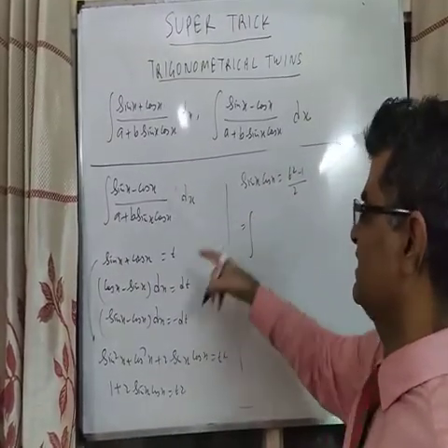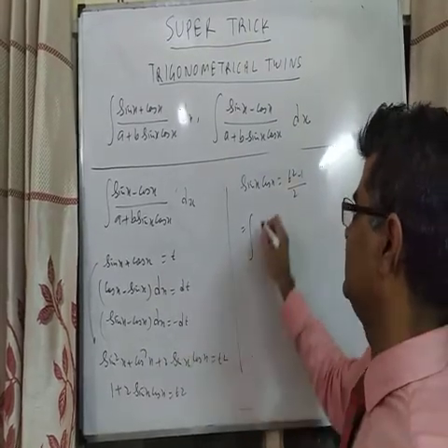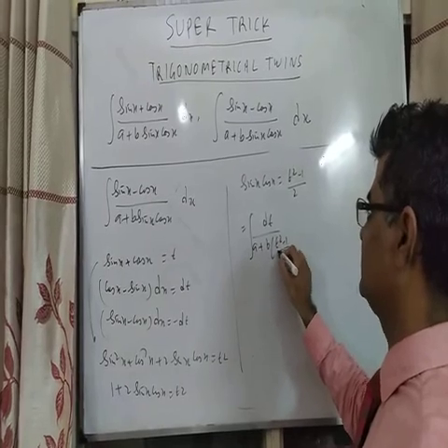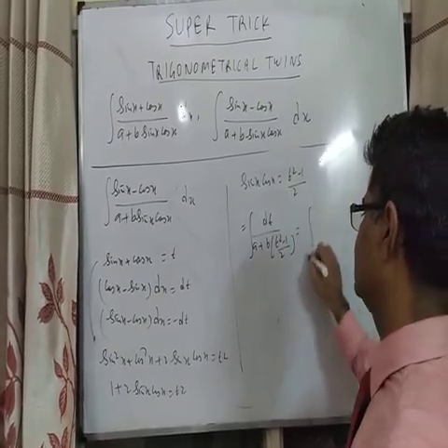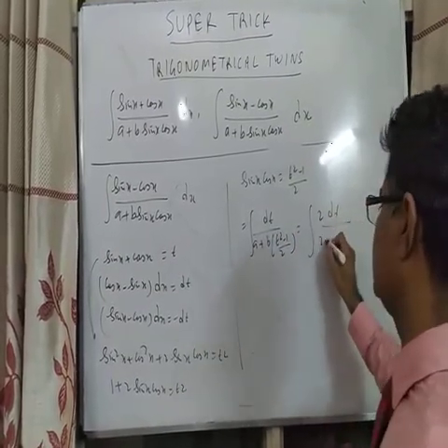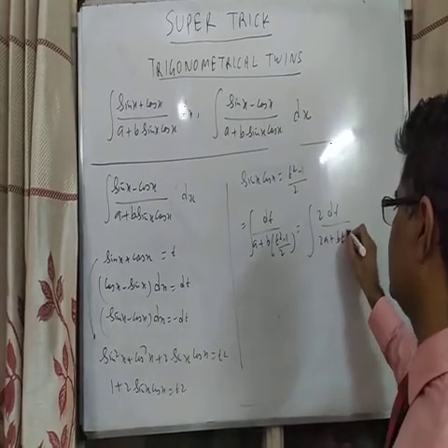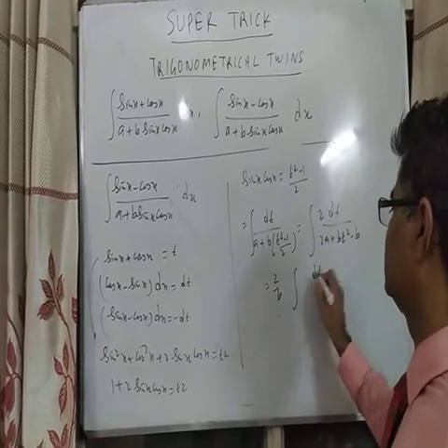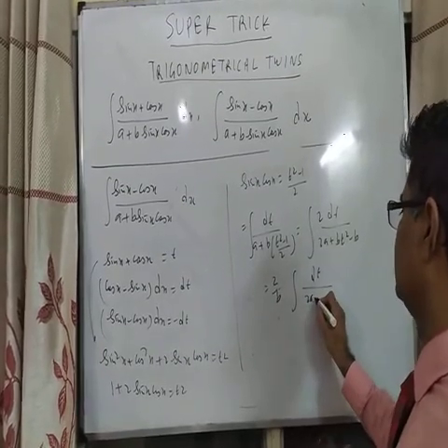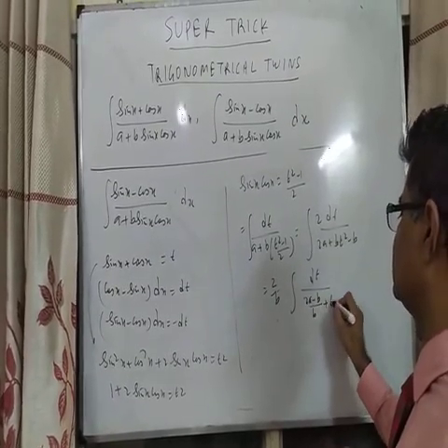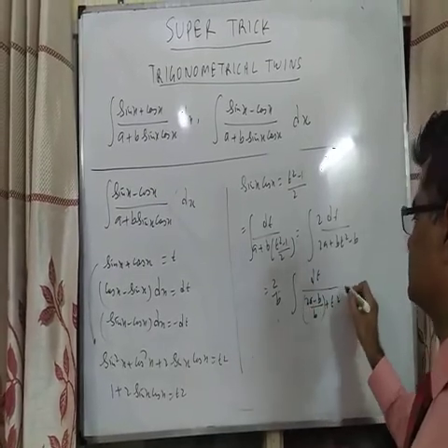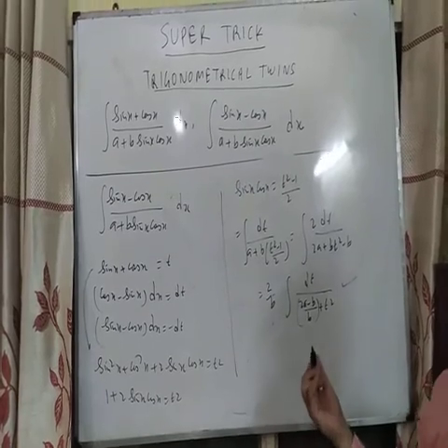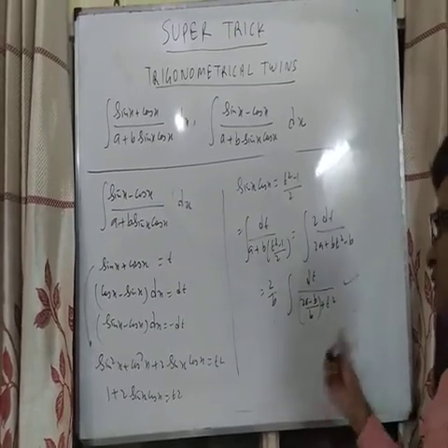So you can see that sin x minus cos x dx is replaced by minus dt, and this is a plus b times t square minus 1 by 2. So you can see that twice of dt upon 2a plus bt square minus b, and taking b common, 2a minus b upon b plus t square. And now we can solve this integration very easily, that we know. We have discussed in our earlier video also how to solve this kind of questions.